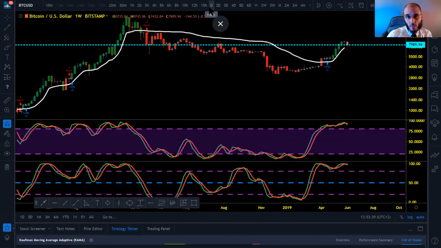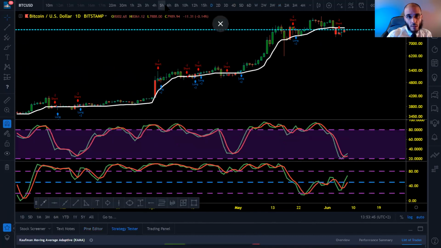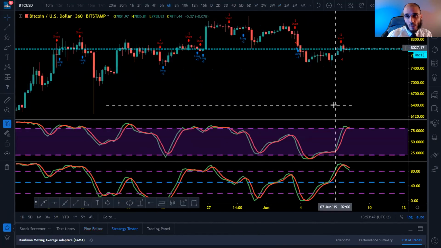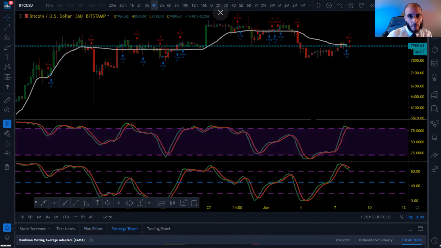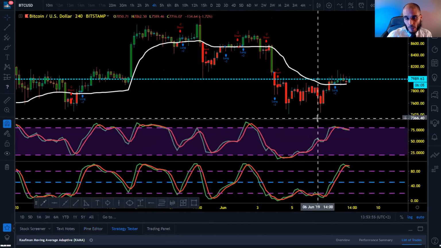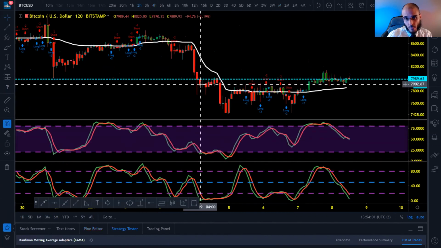On the 1 day, it is negative. On the 6 hour, it is negative. On the 4 hour, it is positive. And on the 2-hour, it is positive. Let's take a look at stochastic.